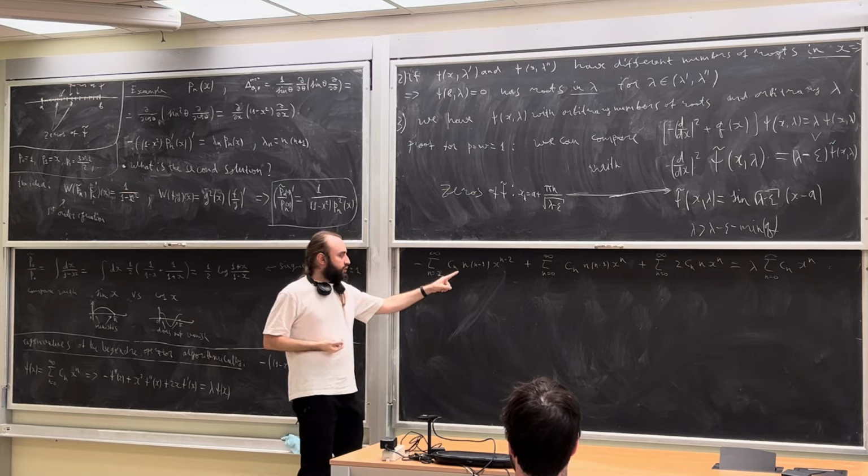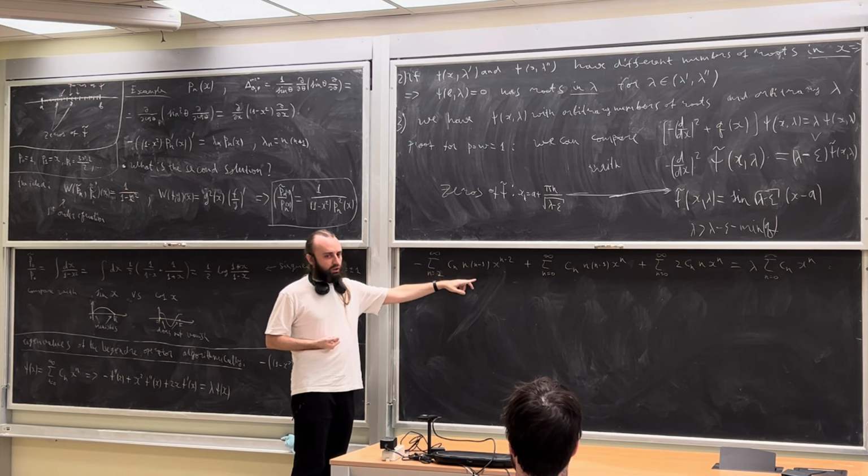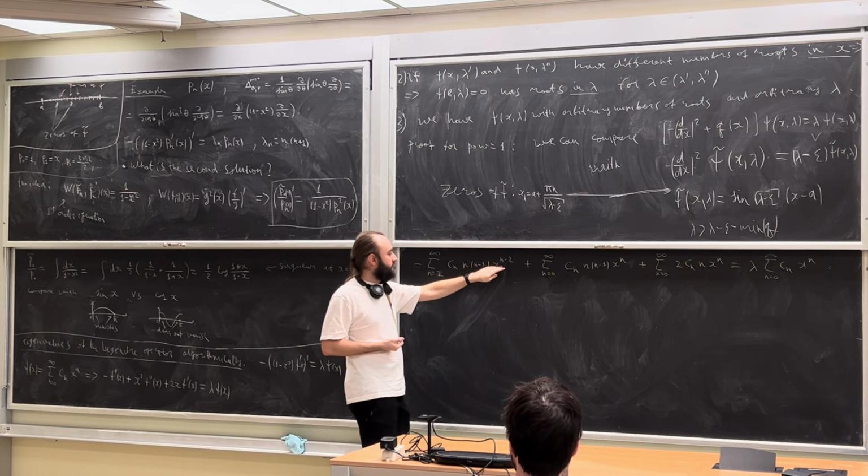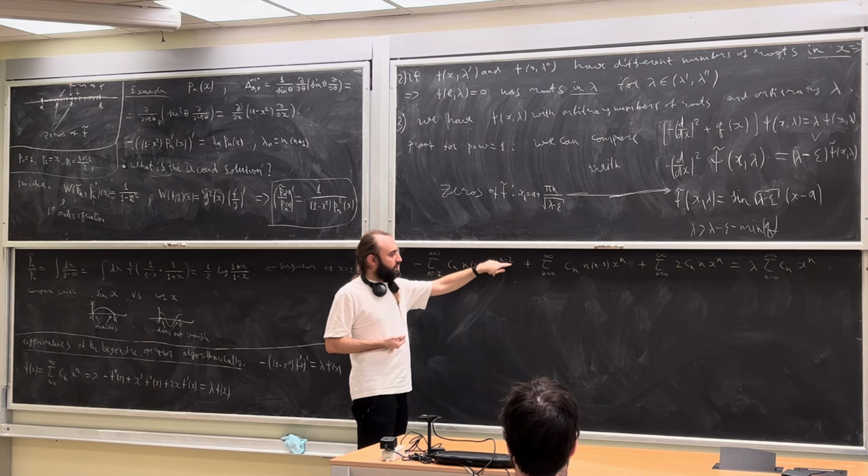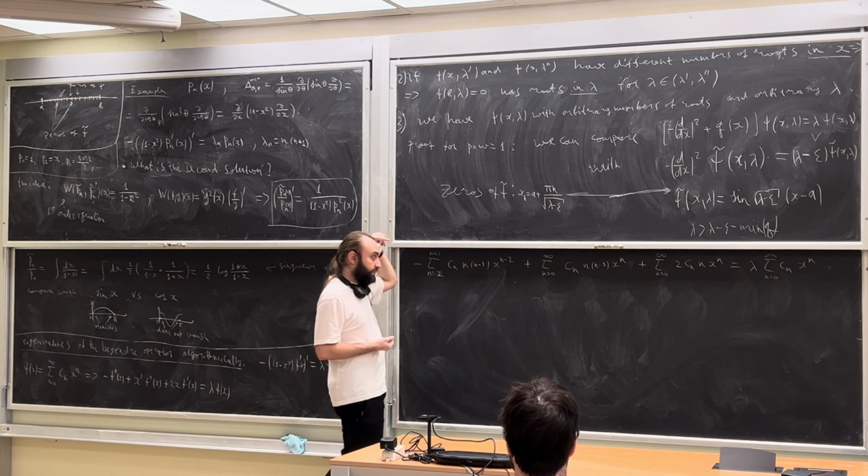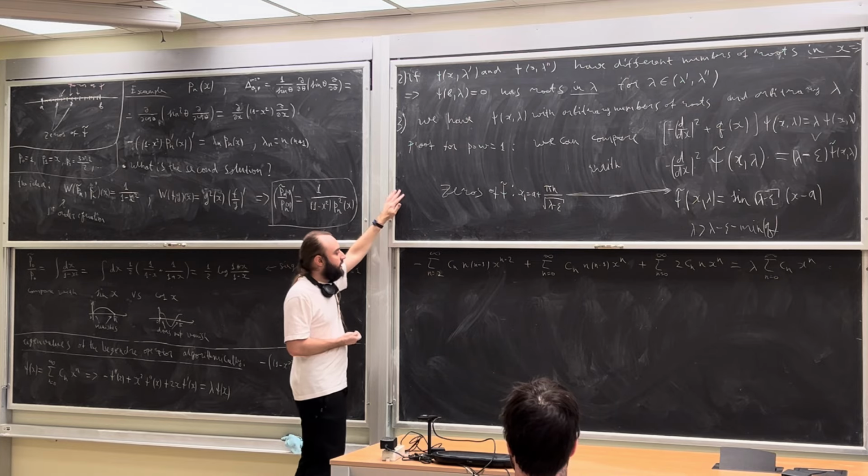So now we can shift the summation index in this term so that this x to the power n minus 2 becomes x to the n, and keep the other sums the same.